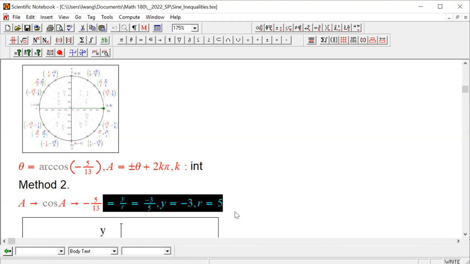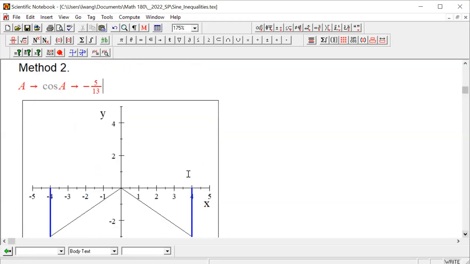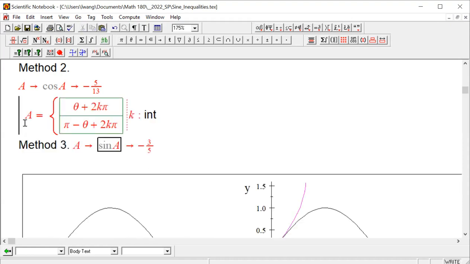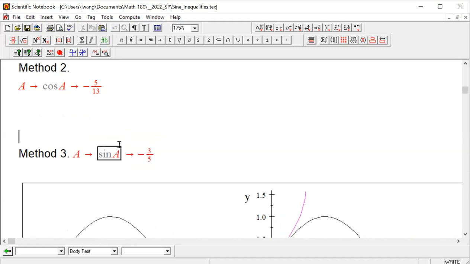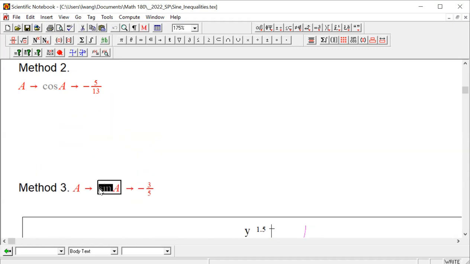So in the second method, I'm going to draw the picture. Let's remove that. Let's just do it all over again. Okay, that's the third method. We're going to get to it later.